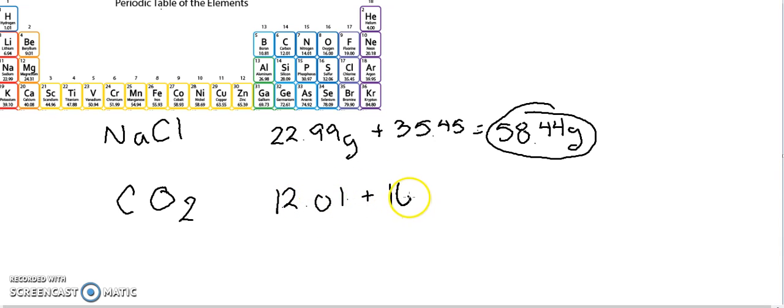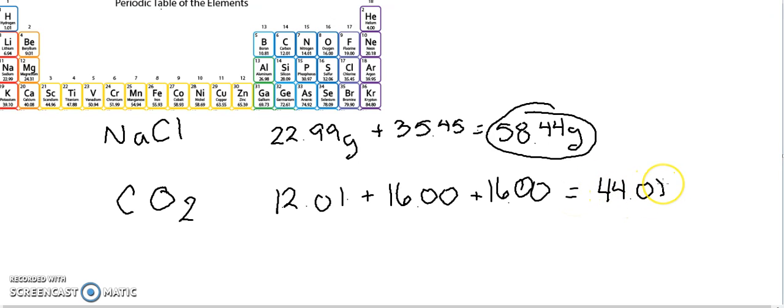For oxygen, you have your 16, and there's 2 of them. So you need to add that twice, and you would end up with a total molar mass of 44.01 grams. Okay? It's that simple, and that's what I would like you to practice today.